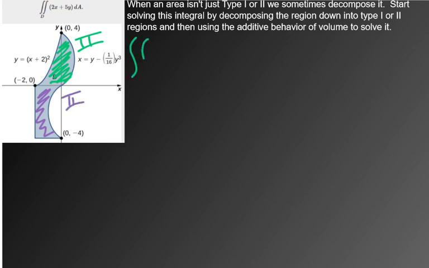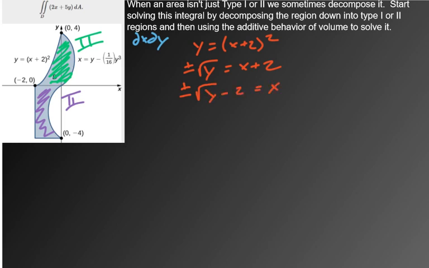Okay, so before I get into that, if I'm going to do a type 2, type 2s are dx then dy. This one's nice, it's already set up as an x equals, but this one's not, so I have to do that here. If you go through the algebra really quick, I would basically square root both sides, but you have both plus and minus square root of y equals x plus 2. Then both plus and minus square root of y minus 2 would equal x.